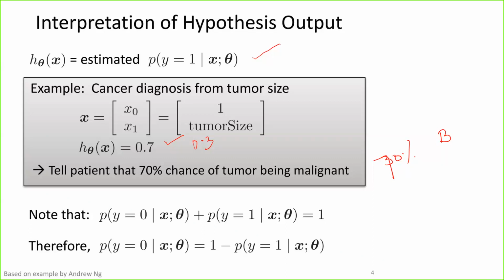I hope all of you are clear with the hypothesis interpretation. How do we interpret the hypothesis of the logistic regression model? Is that clear? Any query? If you want me to repeat something, I can do that. Please let me know.